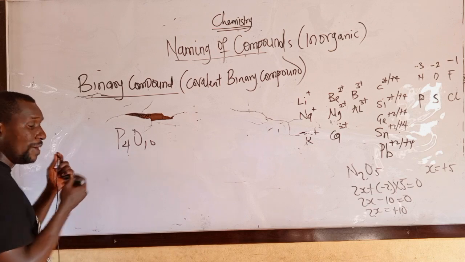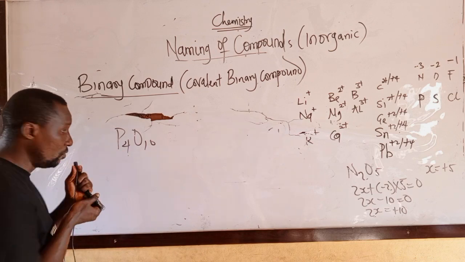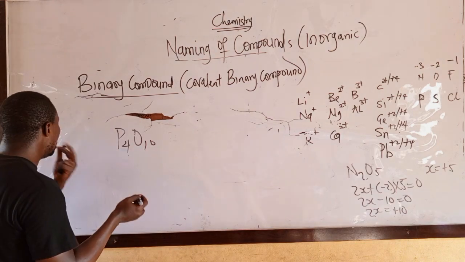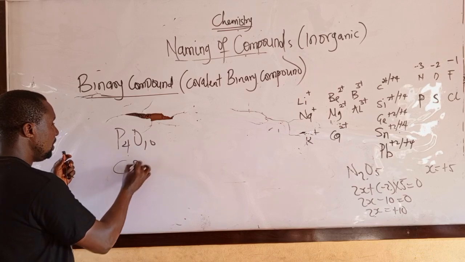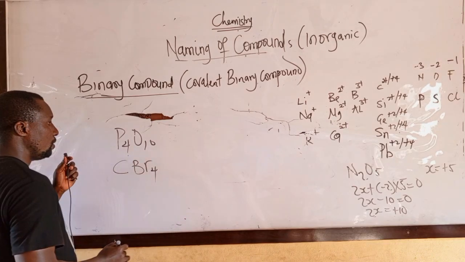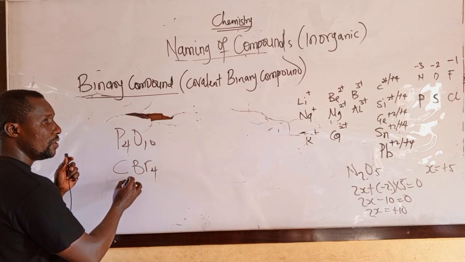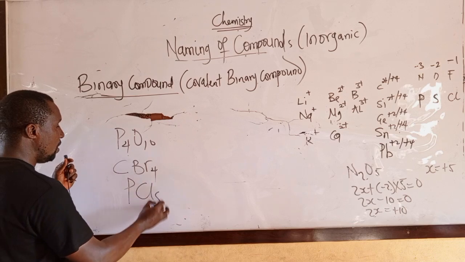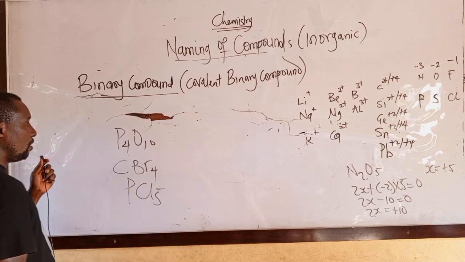Or find the oxidation number of phosphorus. Take note of that. Then do this one too, where you have CBr4. Do this one also, where you have PCl5.